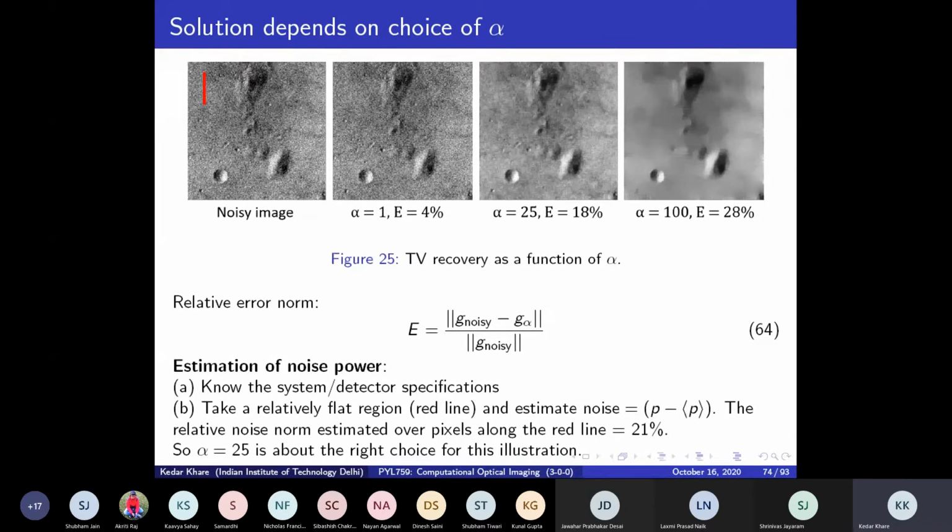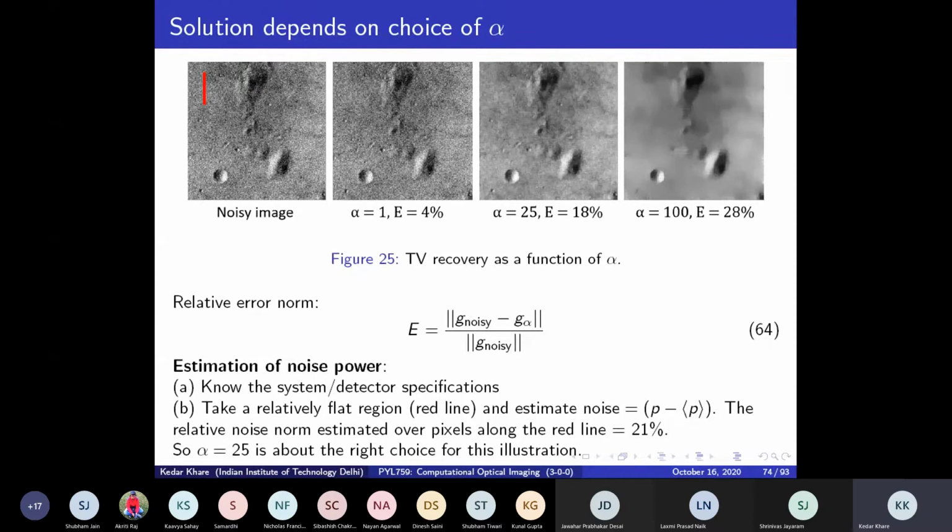And so P minus mean P is an estimate of the noise. For example, if I take the red line and the pixels along that red line, then the noise estimate is just P minus the average of P along these pixels.